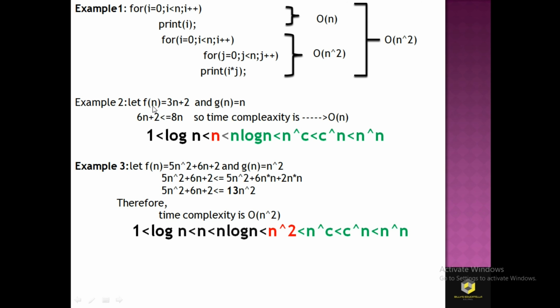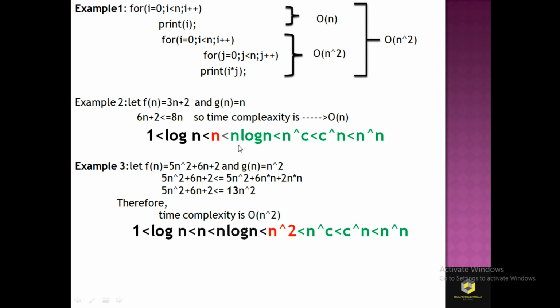So in the previous time complexity session, that is theta notation, I discussed f of n equals 3n plus 2 and g of n equals n. For example, how the time complexity varies as an upper bound, as a lower bound.